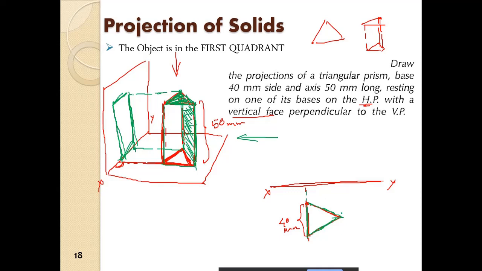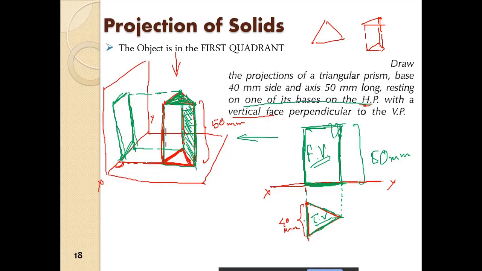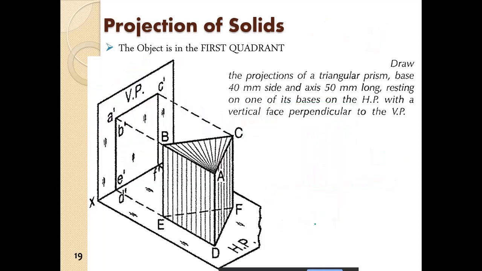So we project this point, and since it is said that one of its bases is on the HP, from there we will draw 50 mm, and we will get the front view, and this is the top view. Okay, so easy. So this is the prism.